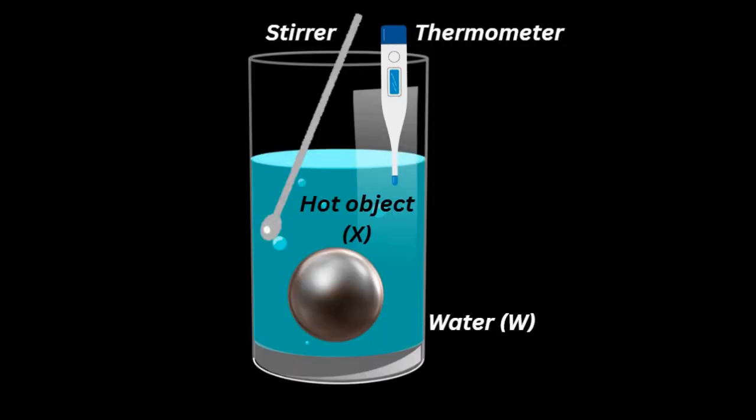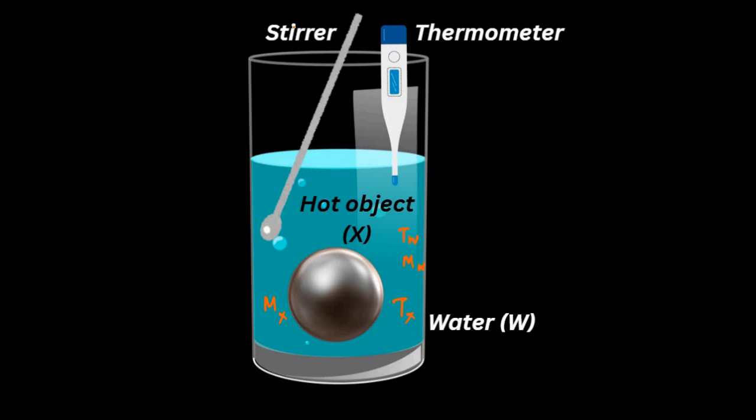So this is how the internal system looks, where the sample X is placed inside the calorimeter. The hot sample has a higher temperature Tx and mass mx, and the water has a temperature Tw and mass mw.